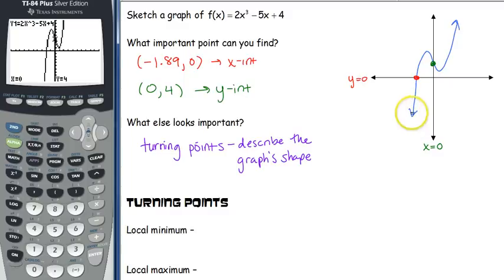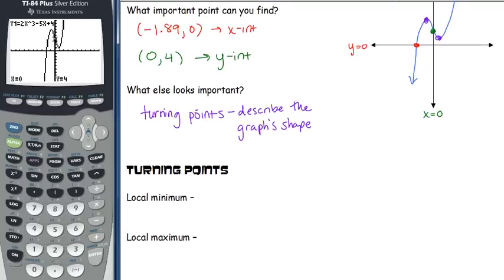If I'm following my graph, it's going up, it's going up. This would be a turning point because that's when my graph changes direction from increasing to decreasing. And then it decreases, decreases, decreases until we get here, and then again it changes direction from decreasing to increasing. So the turning points are where your graph changes direction.